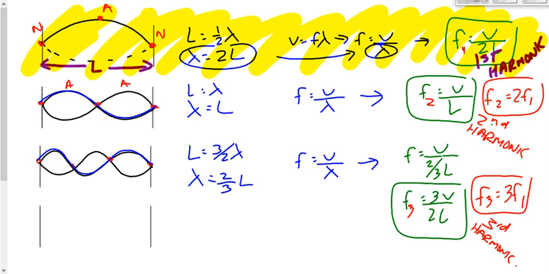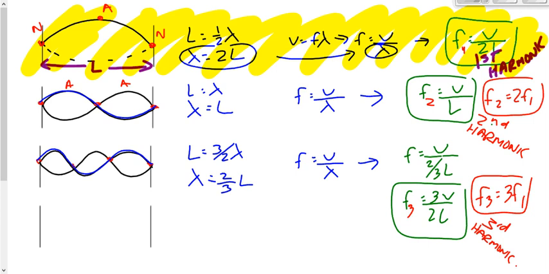Because if you need the second harmonic, all you've got to be able to do is multiply the first harmonic by 2. Or if you need the fifth harmonic, you multiply the first one by 5. Or if you need the 17th harmonic, you multiply the first one by 17. So really, if you can do the first harmonic, you're good with the rest of them without bothering to derive the equations for the rest of them.